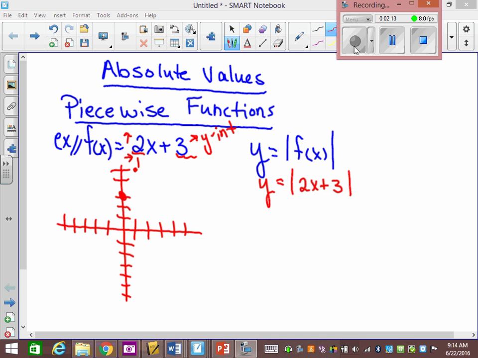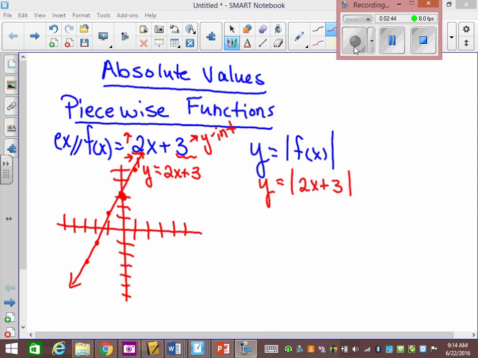Instead of up to the right one, I can go down to the left one. So the red line itself then is just y equals 2x plus 3, right?